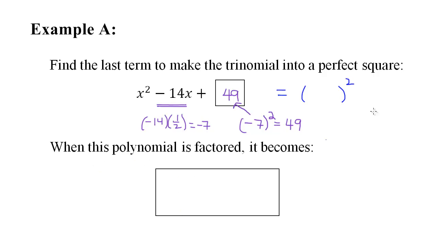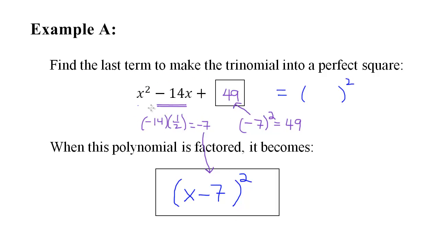In fact, when this polynomial is factored, it becomes the quantity x. Then we take this special number right here, the negative 7, and that's what we use in this parentheses. So we have x minus 7 quantity squared.